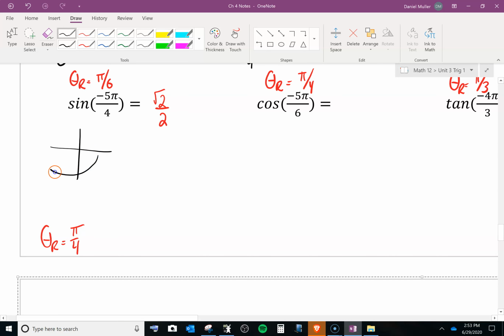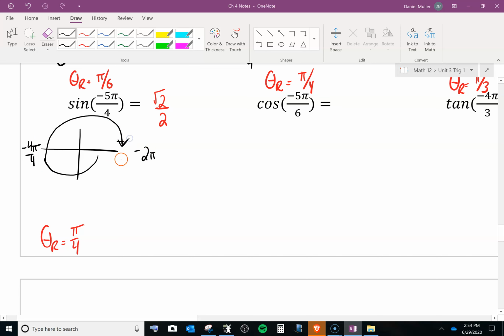If I'm working backwards, this is going to be negative pi, and I'm going to write that as negative 4 pi over 4, because that's still going to be a negative pi. And over here would be a negative 2 pi, which I'm going to write as negative 8 pi over 4, because that is still going to be 2 pi.